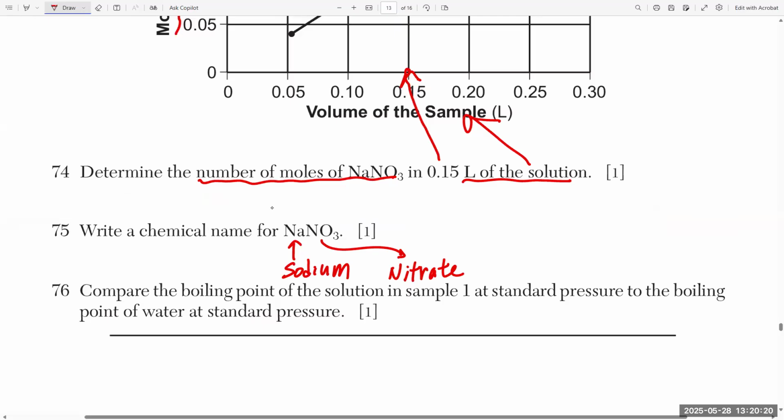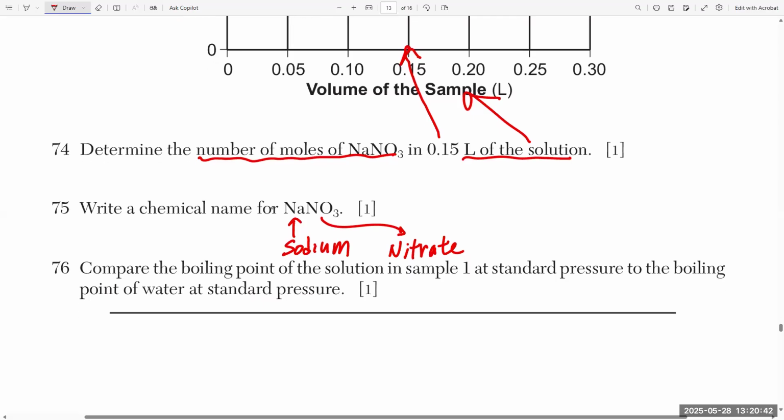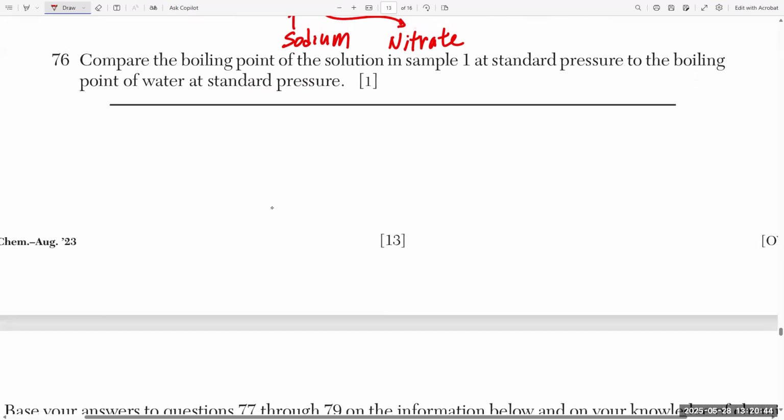Some of the things I've heard written by some of the students before, some kids will write things like sodium, nitrogen, oxygen, or oxide. They'll write sometimes monosodium, mononitrogen trioxide. That's also wrong. So, like I said, please practice. When you see a chemical formula, try to name them. That's a good way to practice.